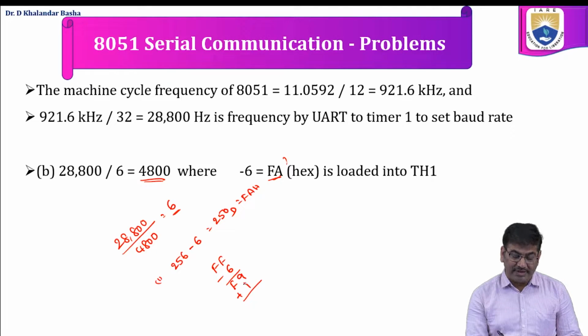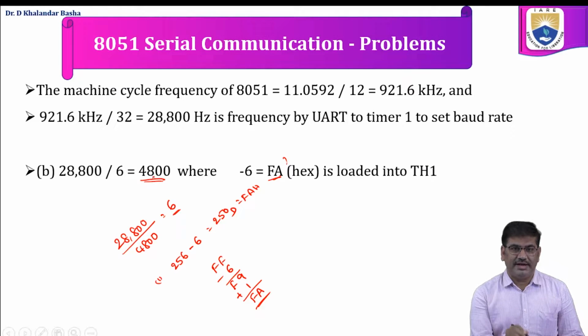So F9 plus 1, 9 plus 1 is 10 in decimal, in hexadecimal it is A. Here it is F, so this is the FA value. Otherwise, it is equivalent to subtracting how many clock pulses? 6, so minus 6 also we can take. The TH1 we have to load with FAH for supporting a baud rate of 4800.